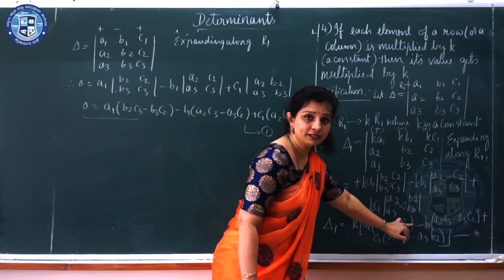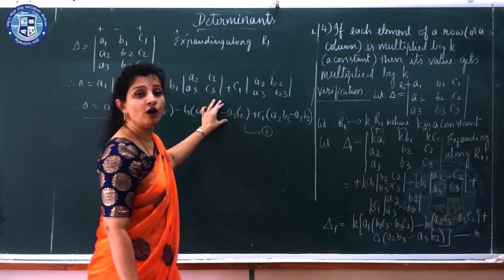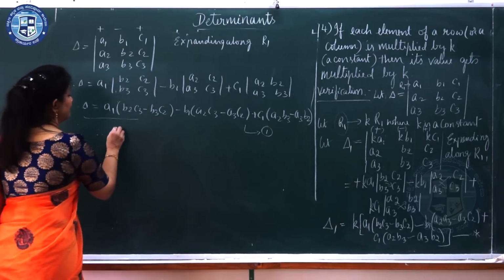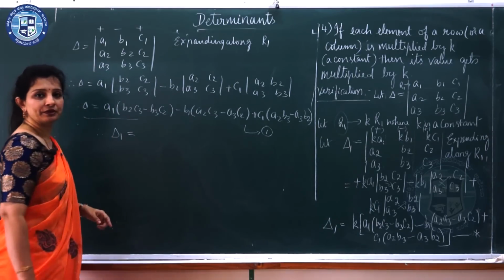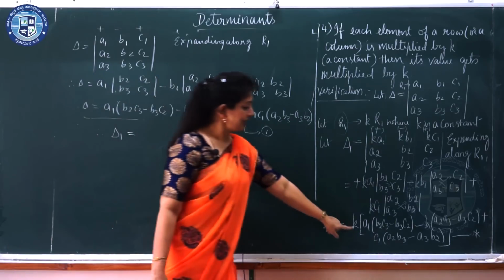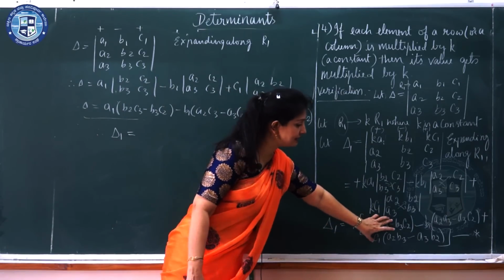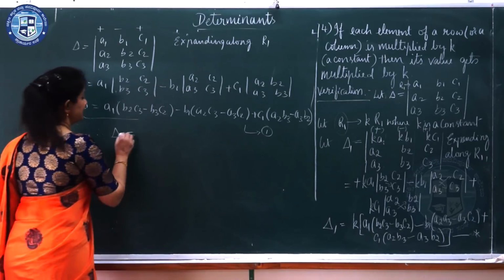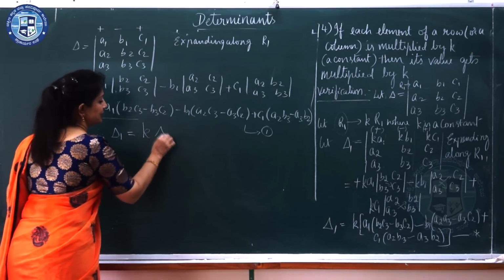These bracket terms are nothing but the value of delta. Therefore, delta 1 equals K into, what is in the bracket together? It is nothing but delta. Delta 1 is equal to K times delta.